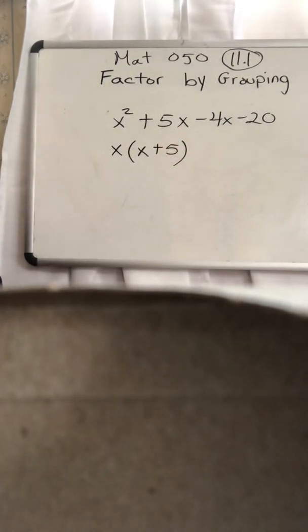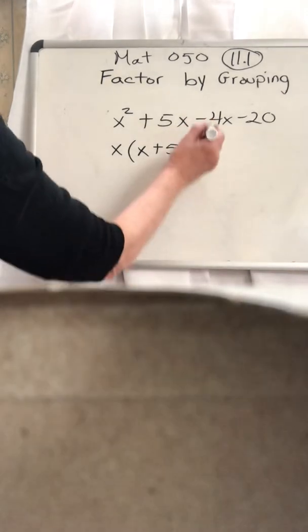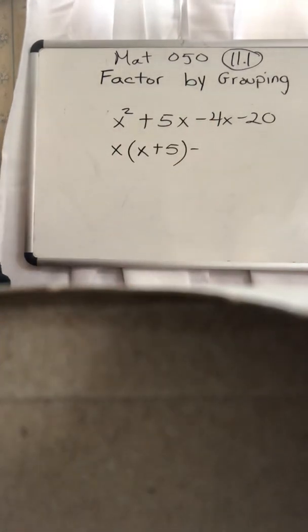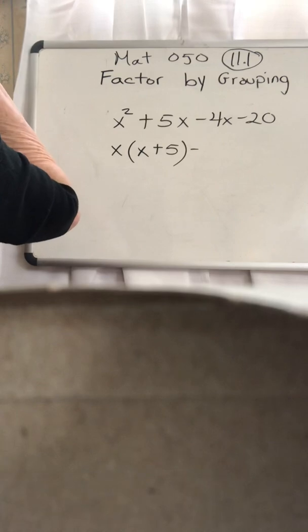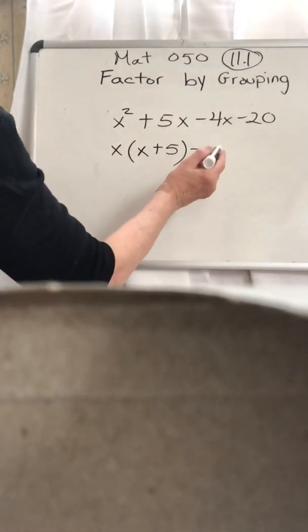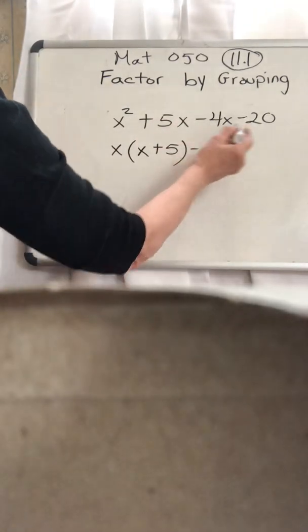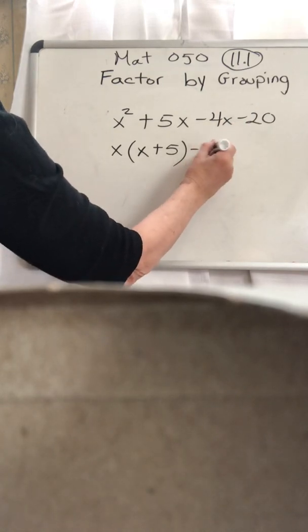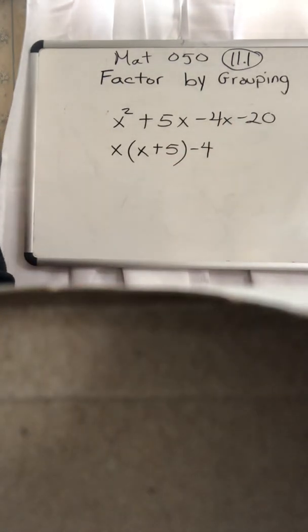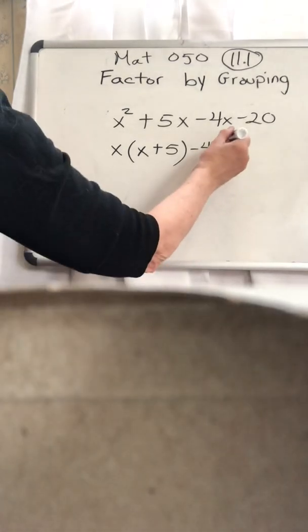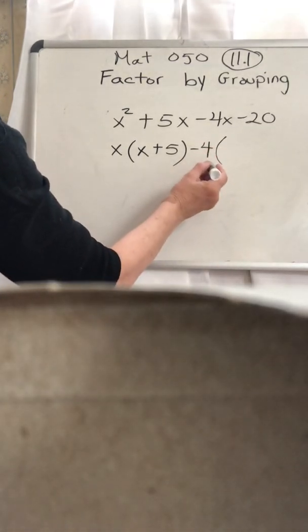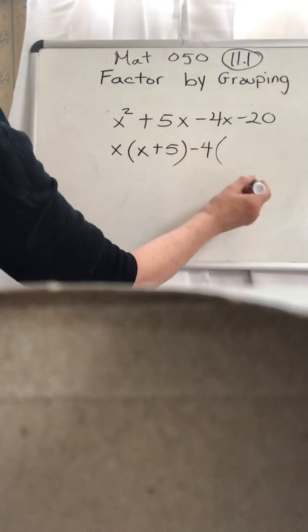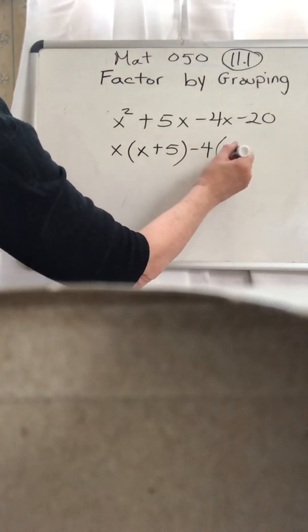Then we look at the second 2 terms. There's a negative out in front, so I have to put a negative sign. So what would the common factor be? It looks like it'd be a 4, so I'll put the 4 beside it. So what would I need to multiply a negative 4 by to get a negative 4x? It would have to be a positive 1x.